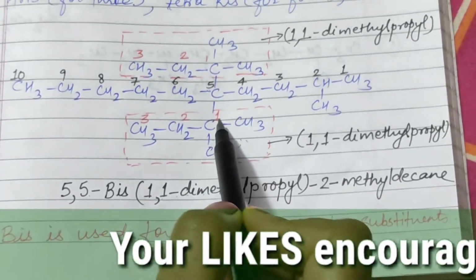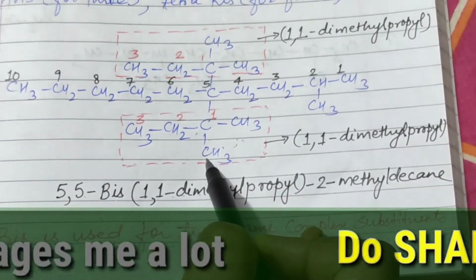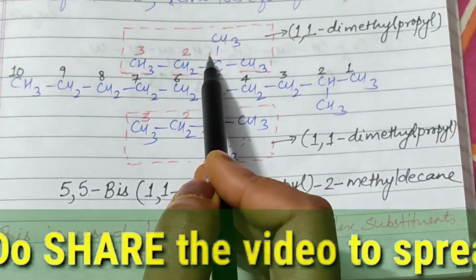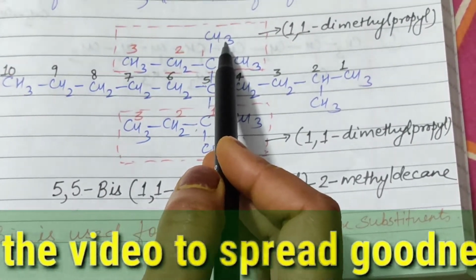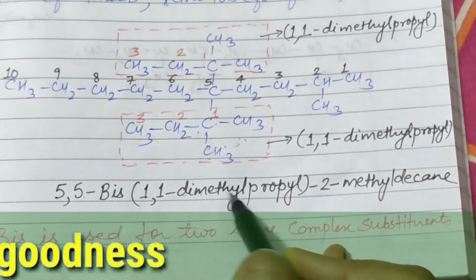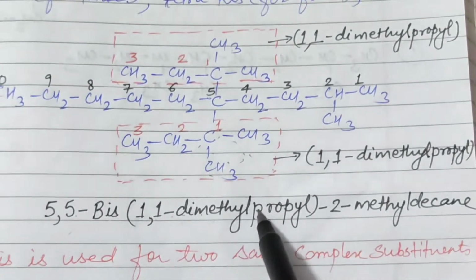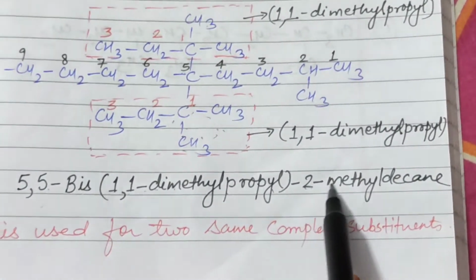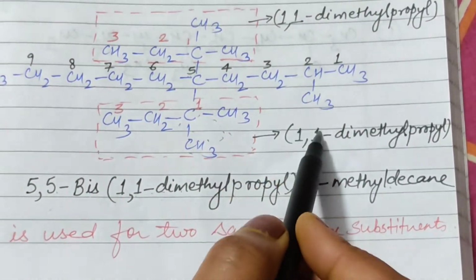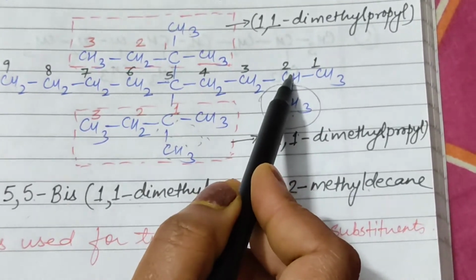Because at first position in the complex substituent, 1-methyl group is attached to it. Here also you could see at first position 1-methyl group is attached to it. So the name will be 1,1-dimethyl propyl. 3 carbon atoms are there, that's why propyl. 2-methyldecane. Okay, 2-methyldecane. Why? Because here you could see methyl is attached at 2nd position.